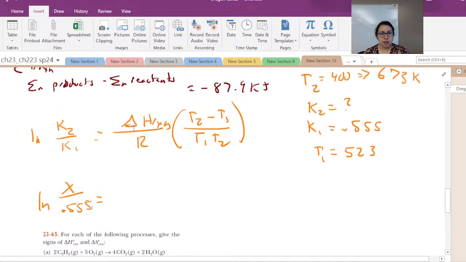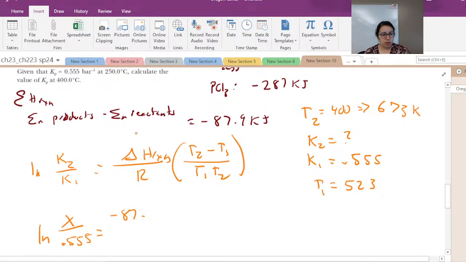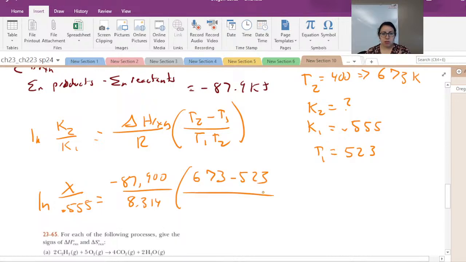So now I'm going to change this to negative 87,900 roughly, over 8.314. And then again, our T2 based off of how I set everything is 673, so minus 523 over our two temperatures.